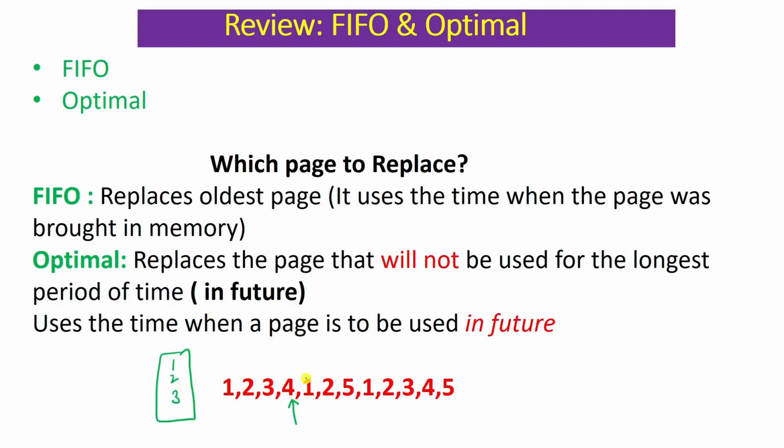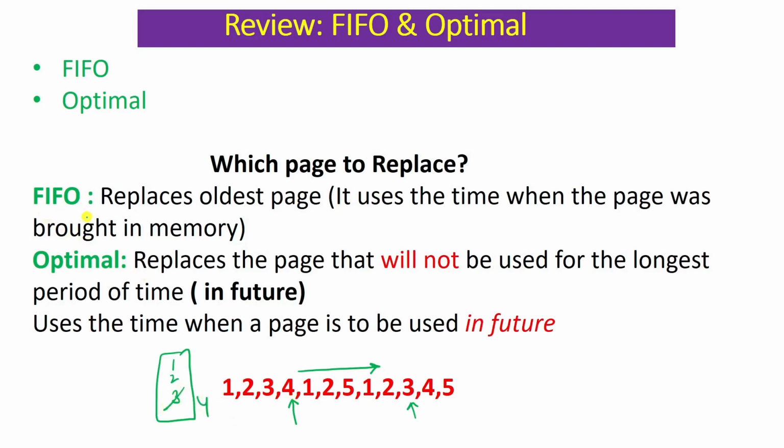The optimal page replacement algorithm looks in the forward direction, that is in this side, and decides which page to replace. You can see 1 and 2 are here, and 3 is here. So 3 is the page that will be used after a long period of time. So 3 should be replaced so that I can put 4, according to the optimal page replacement algorithm.